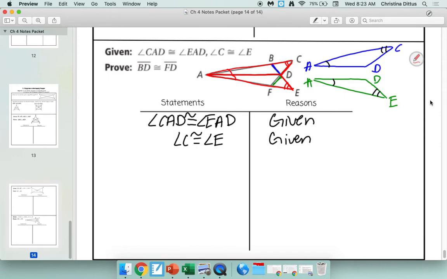Then what did we say they shared? They share AD, so I'm going to write AD as congruent to AD, by the reflexive property. Mark it.